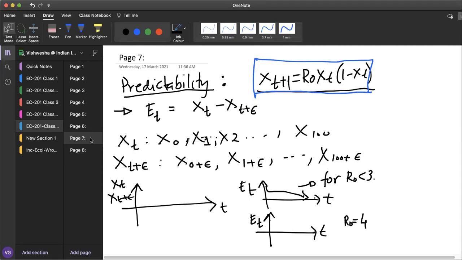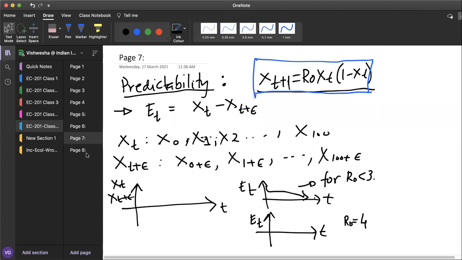If you are in the periodic oscillation regime, because there is predictability in terms of periodicity, you would expect that the error will eventually decay down to 0 for small enough epsilons. You're right. But it is also possible that they might just become out of phase. So the x_t trajectory and the x_t plus epsilon trajectory will be exactly out of phase, imagine, right? In that case, the error will not go to 0, it just becomes a constant value, which is the difference between the two values that the population is oscillating between.